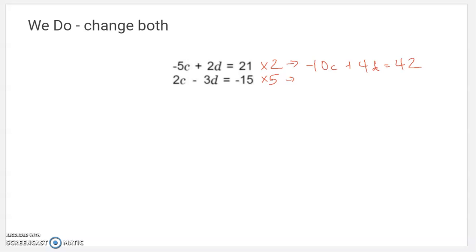And I'll get this one times 5, so I'll get 10C minus 15D, or I'll fix that in a minute, equals -75. Is that right? 30, no, 75. Cool.